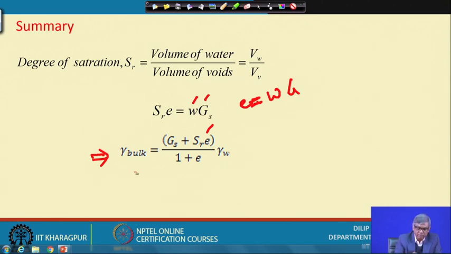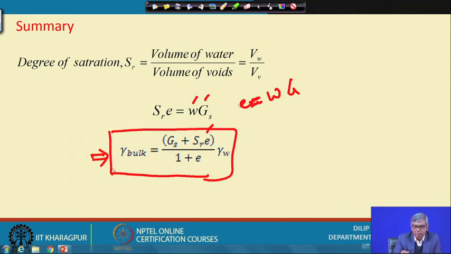If I remember this one properly and correctly, then by suitably changing those parameters I can get the dry, saturated, and all unit weights. So, this is one thing at least to be remembered correctly, so that by substituting appropriate values I can get the other ones. This is also very important, because everywhere from the beginning to the end of soil mechanics, in any topic you do there may be some unit weight calculation, and if you do not remember this, then you will not be able to proceed.